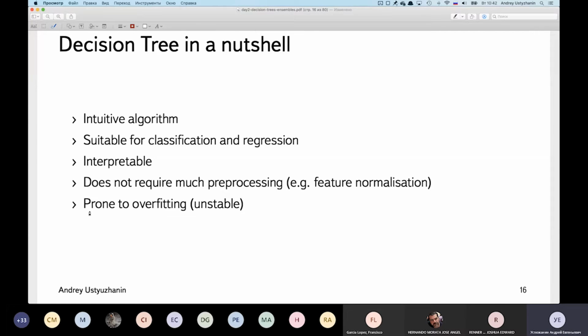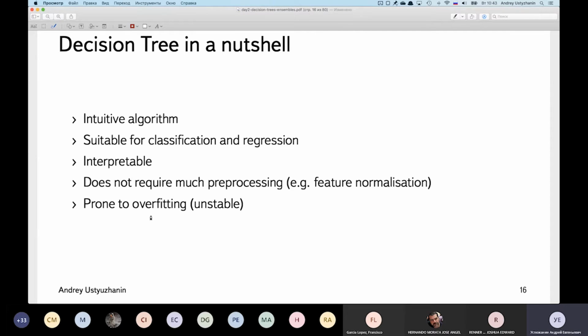But the main drawback of the decision tree is that it is prone to overfitting. Depending on the training sample, it can introduce unnecessary complications and noise that is not relevant to the distribution our data is coming from.